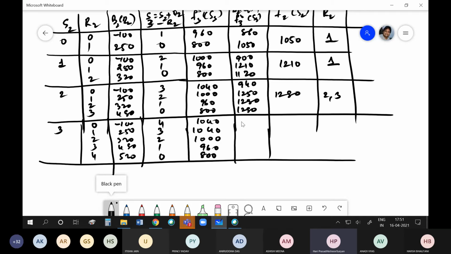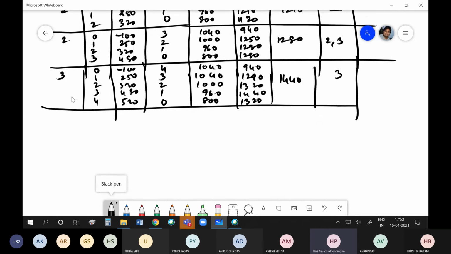You get 940, 1290, 1320, 1440, and 1320. So you get 1440. It results in 3. Now let us see what happens when the reservoir is 4. What are the possible values of releases?